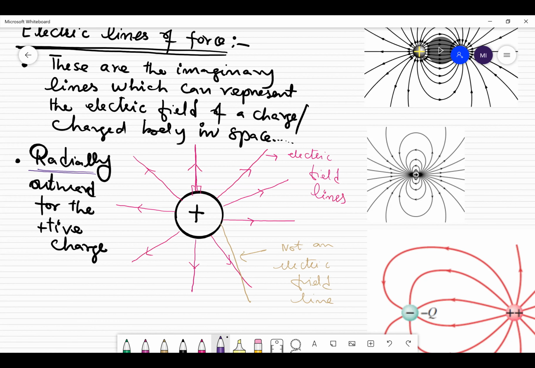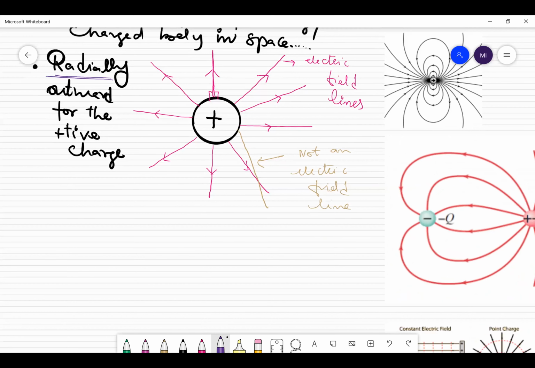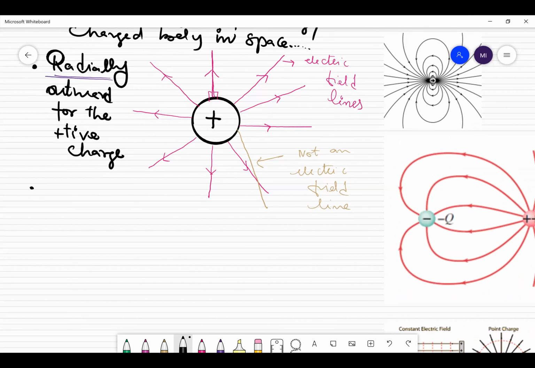Now look, I will be revisiting this. That is for the negative charge, radially inward. This is for the positive.